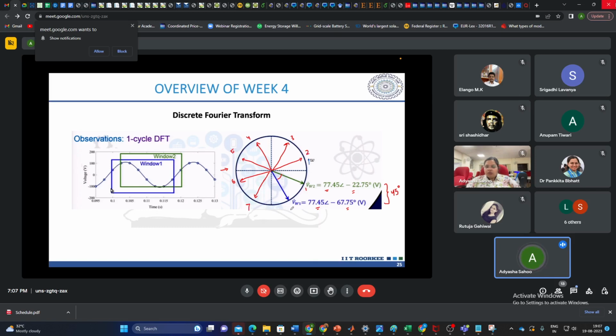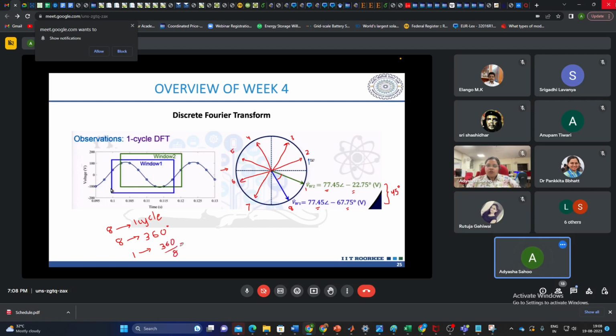So basically, if you remember, we had 8 samples in a cycle, right? 8 samples for one cycle. So we can say 8 samples for 360 degrees, right? So for one sample, it will be 360 by 8.